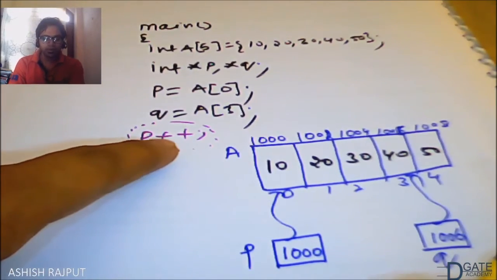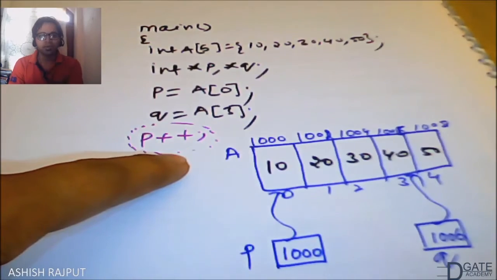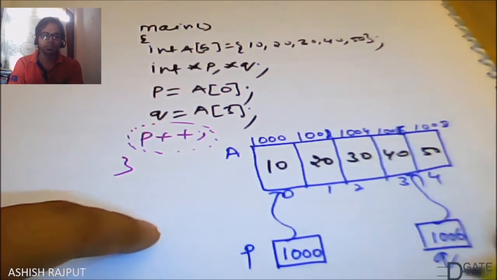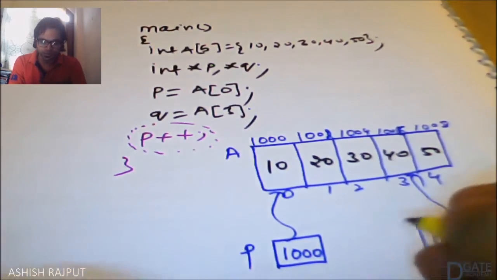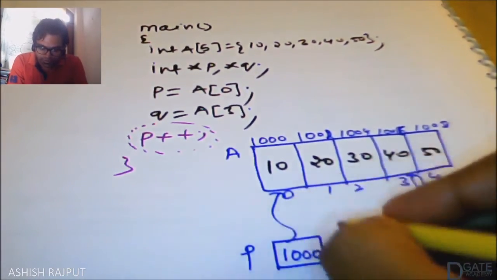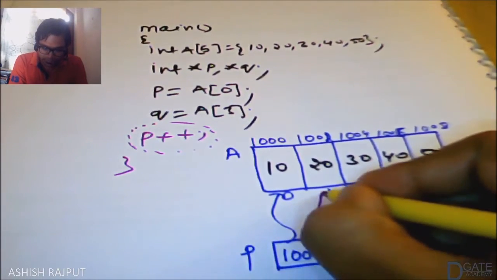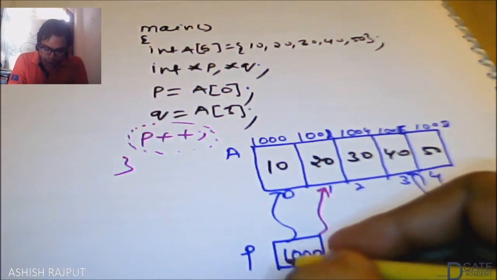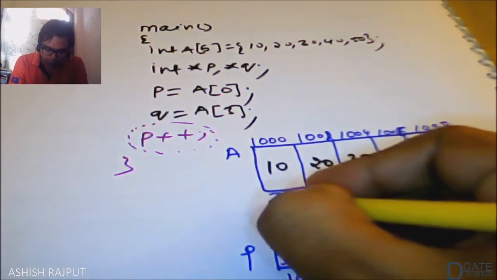I will repeat, the meaning of P++ is move to the next element or move to the next integer. So the next integer will be this, with address 1002.